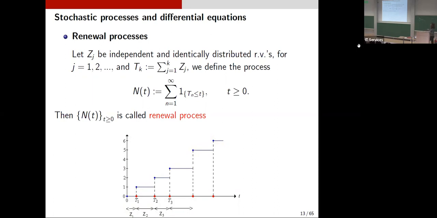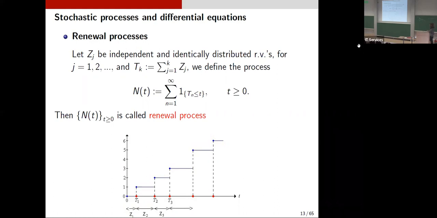Then we can define the process N(t), which in the standard case will be the well-known Poisson process. N(t) can be described as the counting process that counts arrivals of successive events, and the zeta j are called the inter-arrival times.